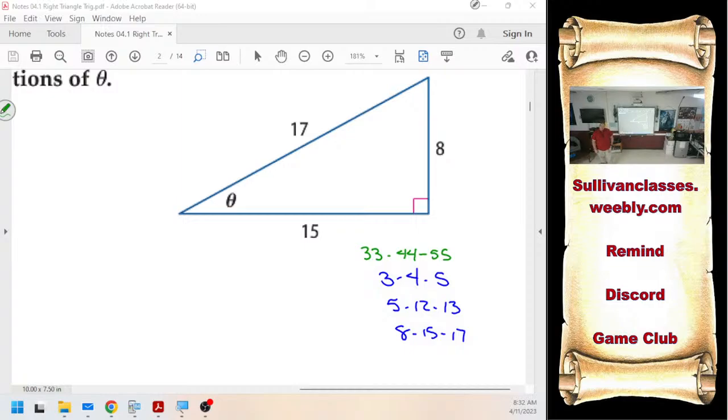And you should get 55. Because the 3, 4, 5 triple scales up or down as we need it. Now that works with anything.